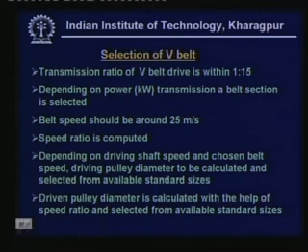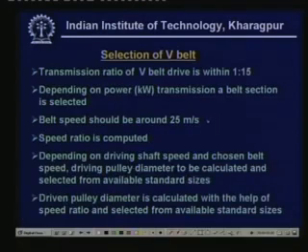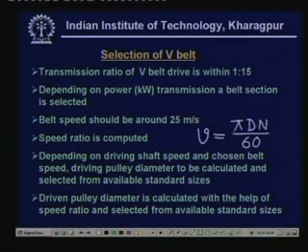This I suppose you understand. What is the idea? The belt speed V will be something like pi D N by 60, where N stands for the RPM and D stands for the corresponding pulley diameter. It could be the smaller diameter, it could be the larger diameter.